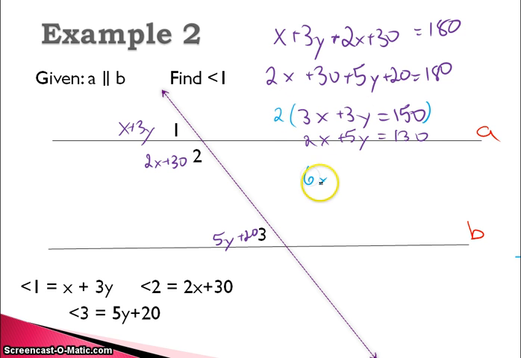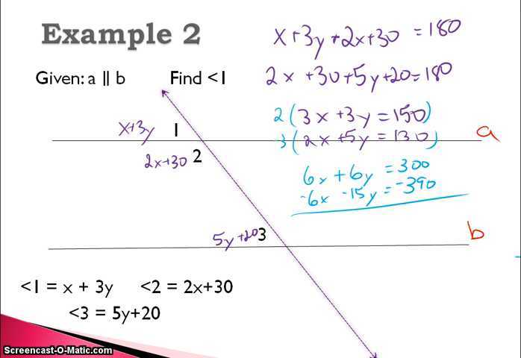So, multiply this one by 2. I have 6x plus 6y equals 300. Multiply this one by -3. So I have -6x minus 15y equals -390. Add them up. So I have -5y equals -90. Divide both sides by -5.